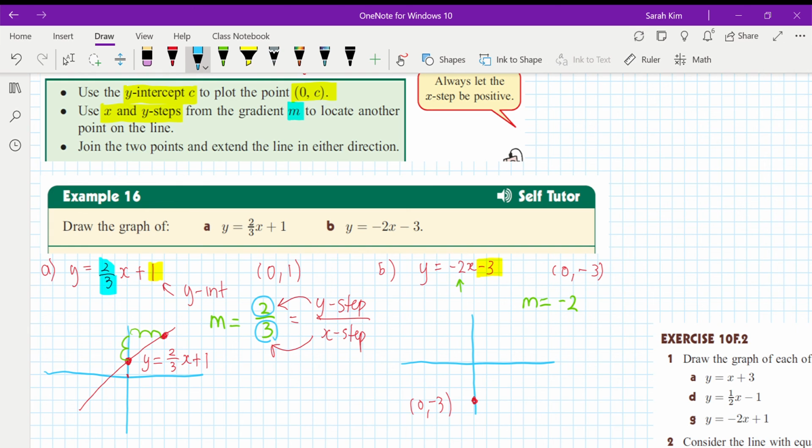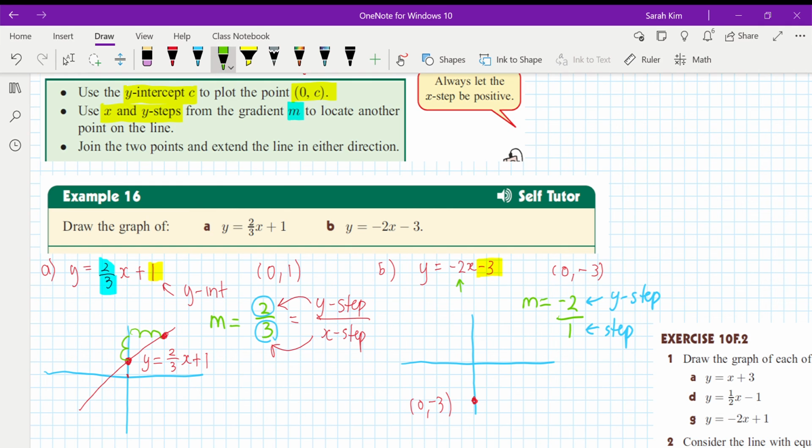Now, what are the x and y steps? Well, it's not a fraction at the moment, it's just negative 2, so I need to make it into a fraction. How do I make any whole number into a fraction? That's easy, I just divide it by 1. Now it's easy to tell which is the x step and which is the y step. Always the top one is the y step, and always the bottom one is the x step.